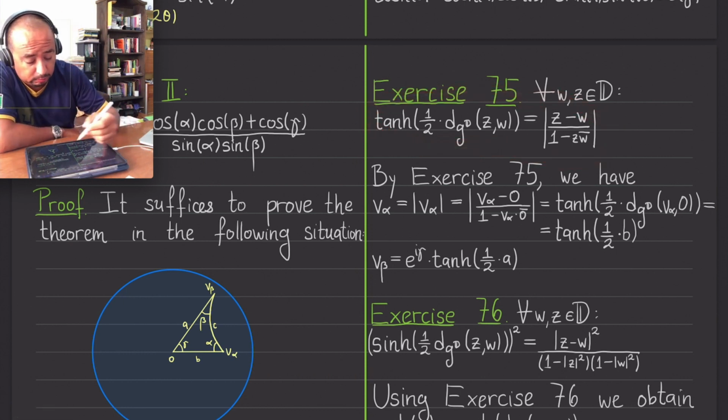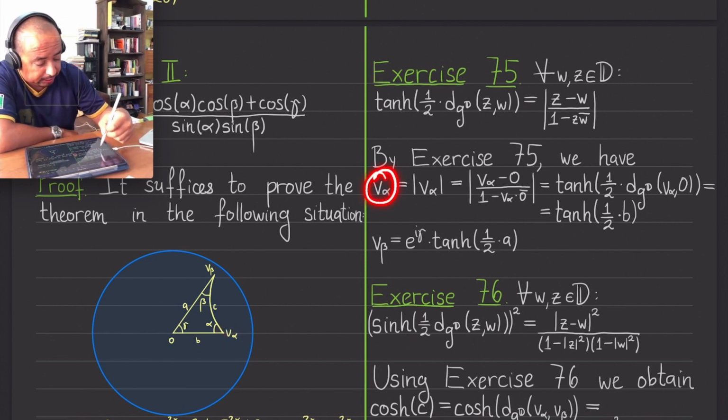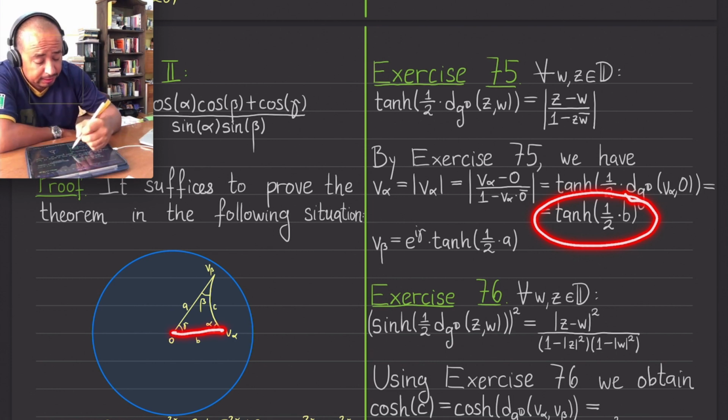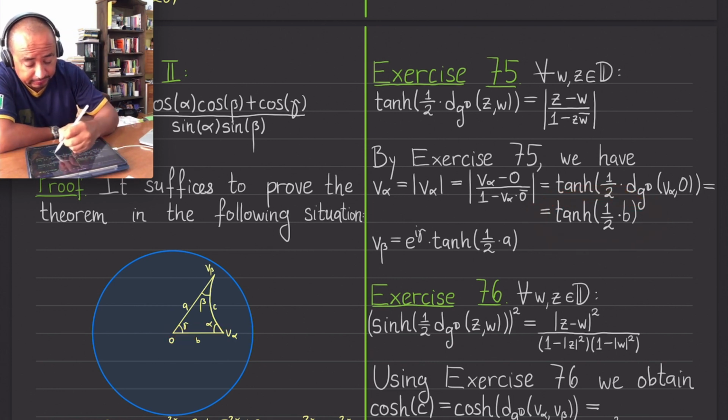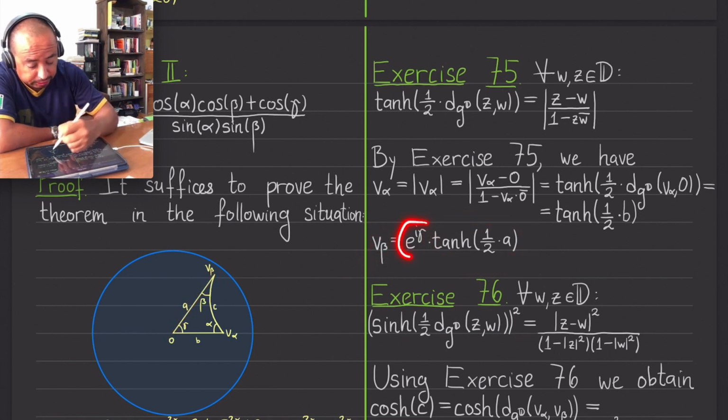Then one computes: the vertex V alpha is a complex number that you can write as the hyperbolic tangent of half of B. Similarly, this vertex you can first write this way, which makes reference only to the length, and then you rotate, by this angle gamma.